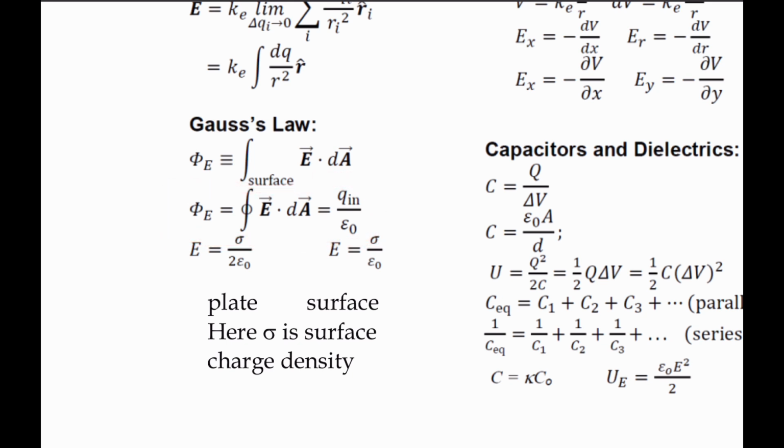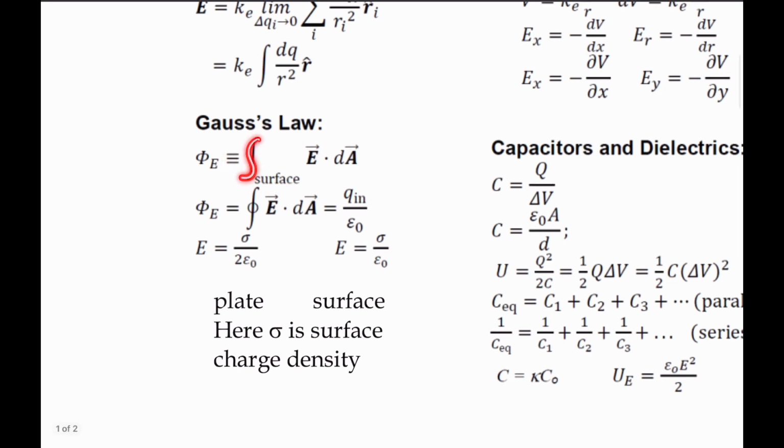You'll actually see that this equation is pretty much identical. It says phi E. This is the electric flux. That's why they use the letter phi. And they use the letter E here to tell you flux due to an electric field. And they tell you this is defined as the integral over a surface.